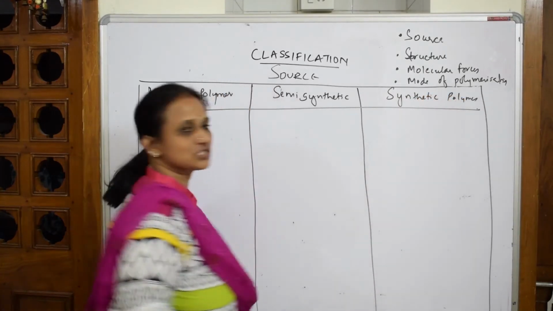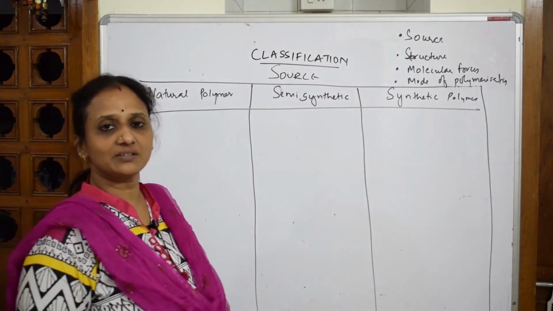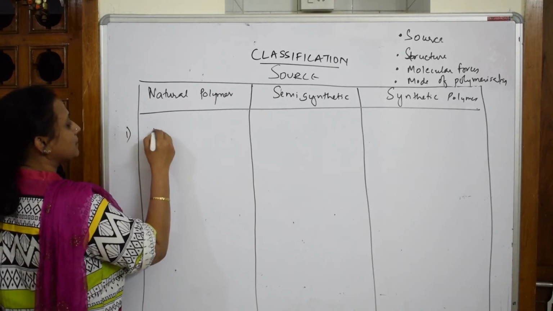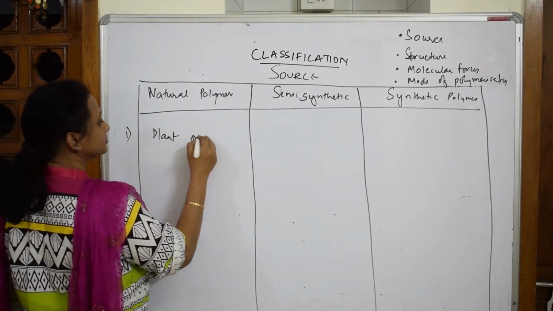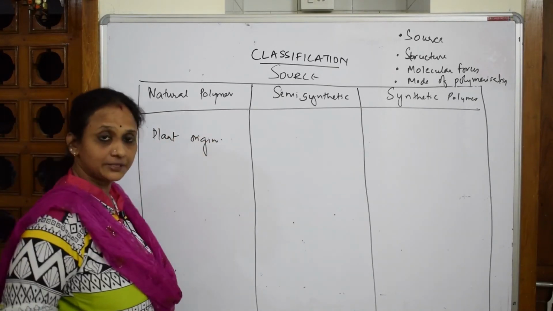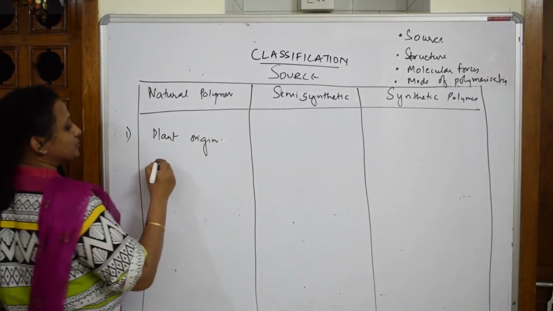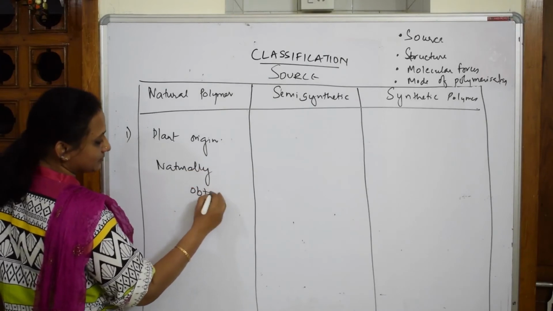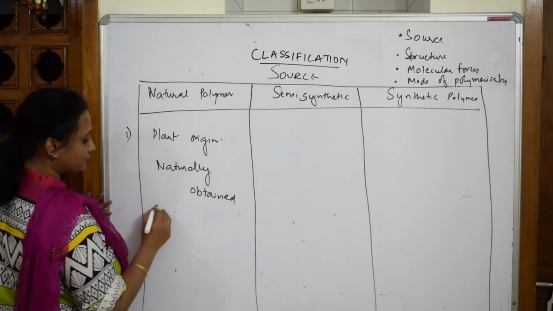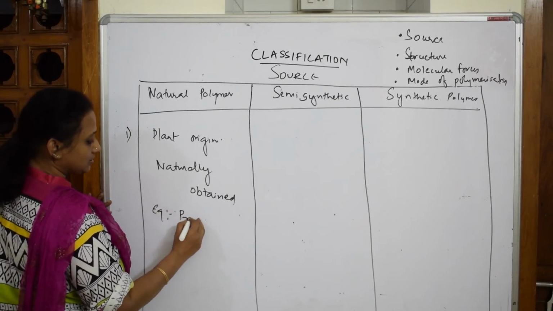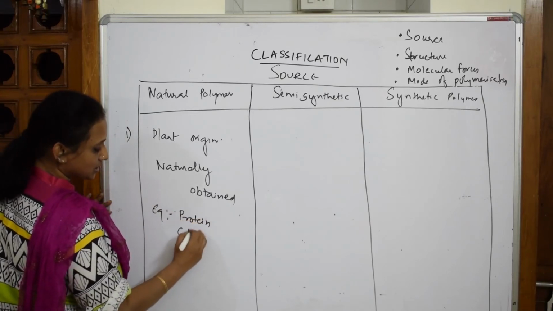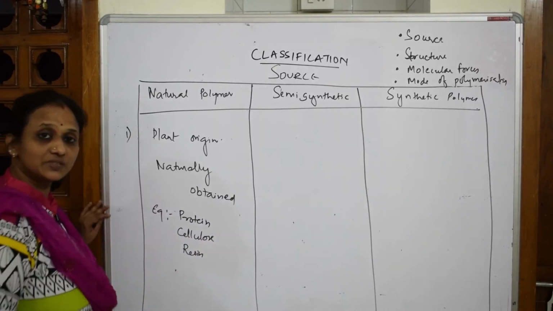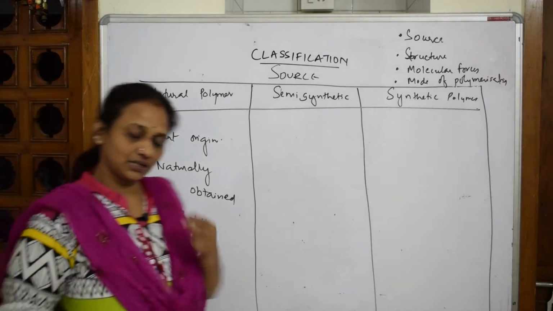So when I have to speak about natural polymers, nothing to define, which are obtained naturally, of plant origin, right? Like naturally obtained. If I have to write proteins, cellulose is a polymer, resins are polymers, all these are naturally obtained, isn't it? Yeah, so you can pick up any number of examples.